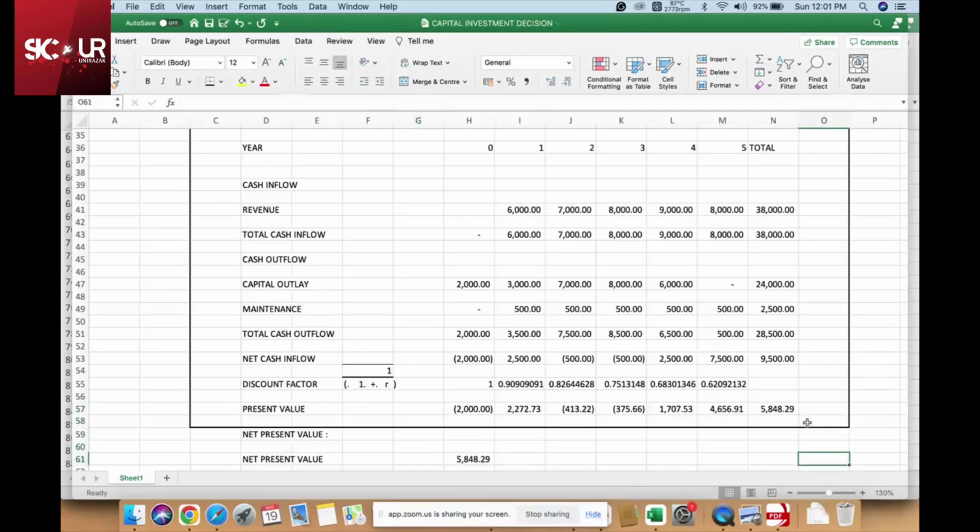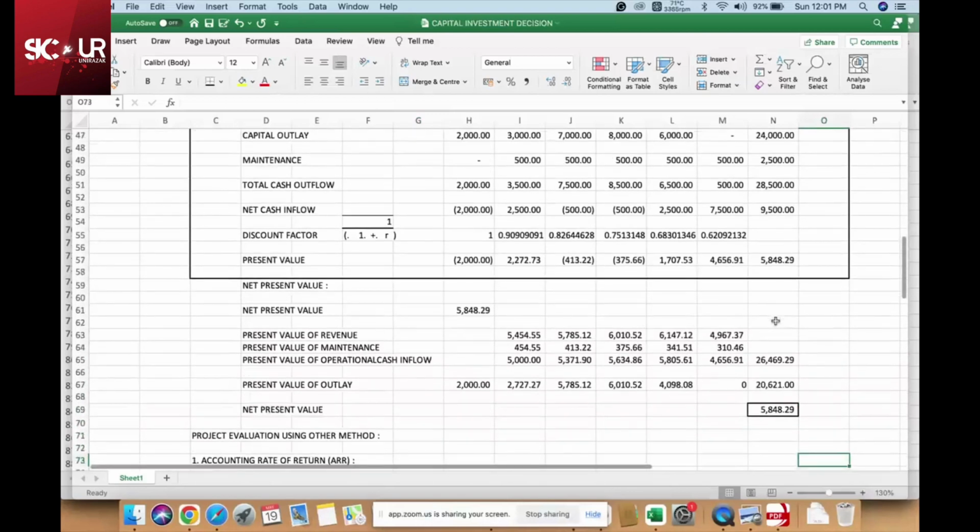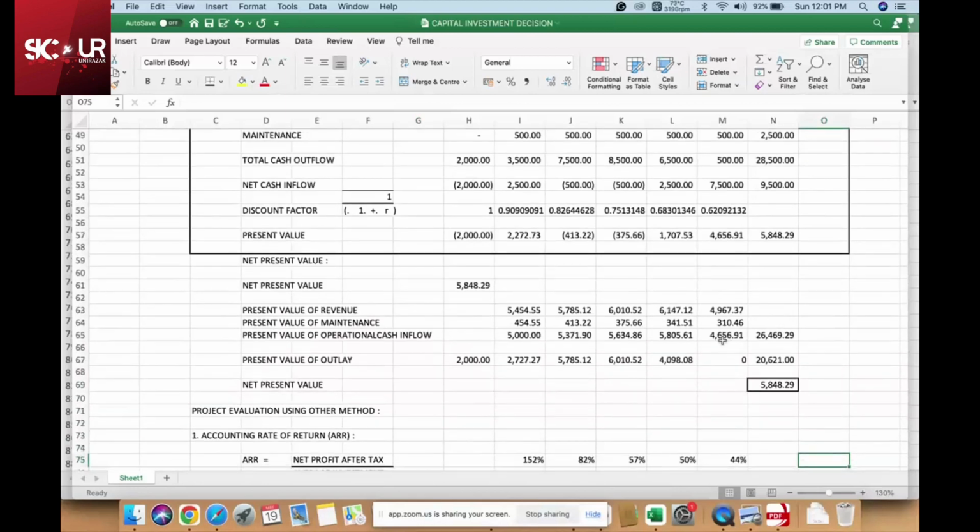Okay. Now, if we take the total here in years total, we see we have the net present value. But we will calculate the net present value also separately by taking the present value of revenue, where we discount the revenue separately.